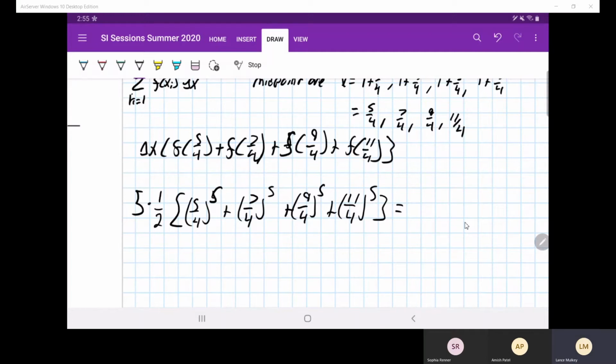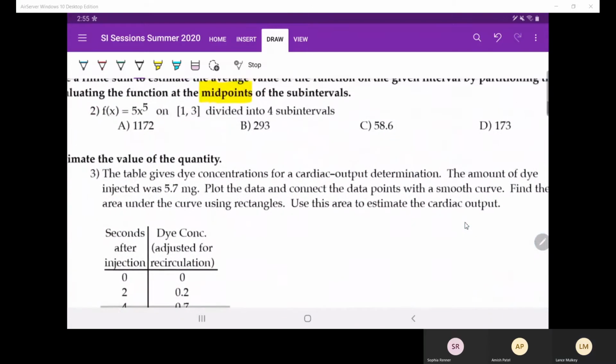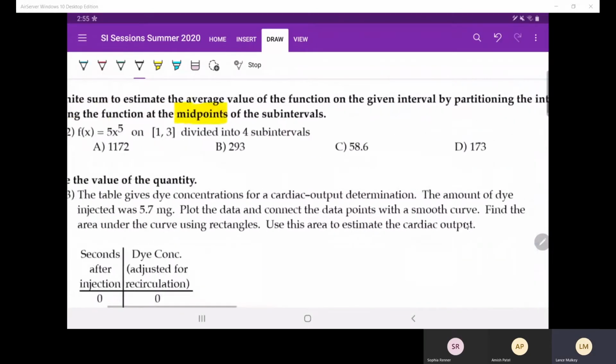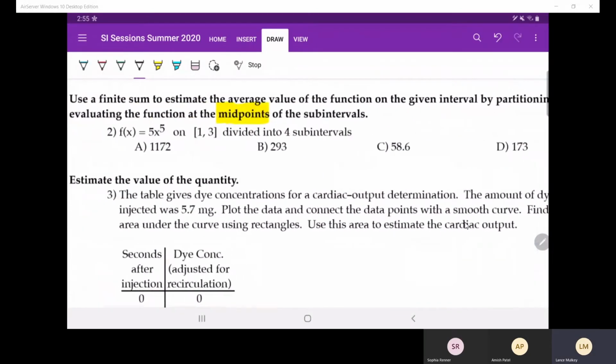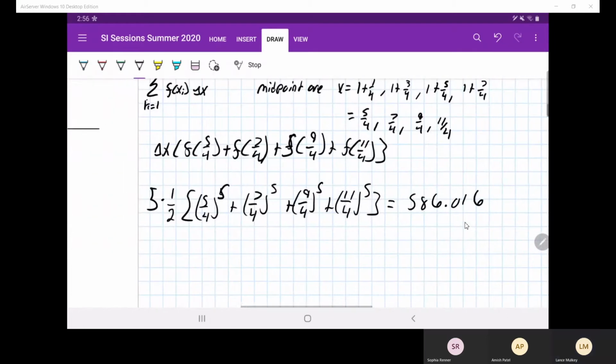My calculator stalled out. Okay, I got something funny, which is probably my fault. I got 586.8.